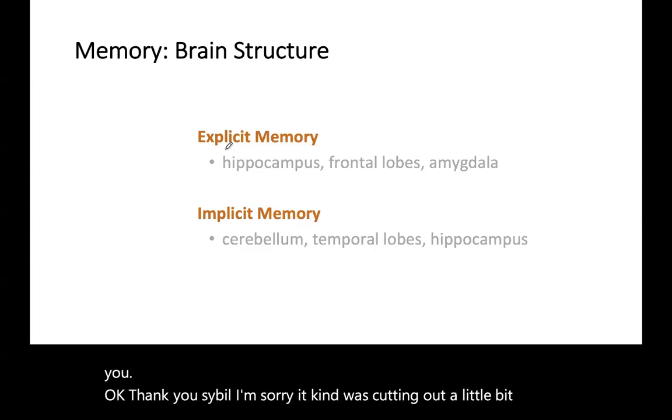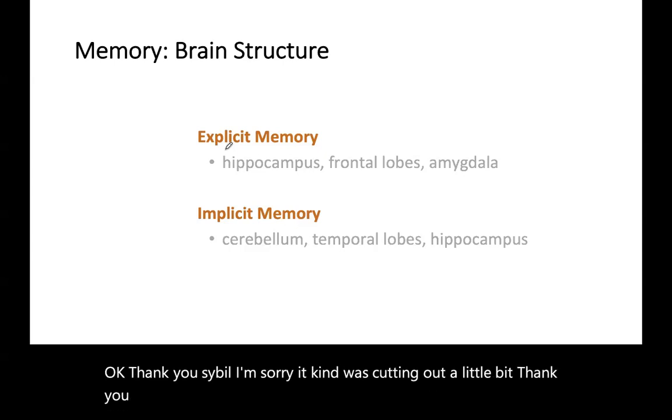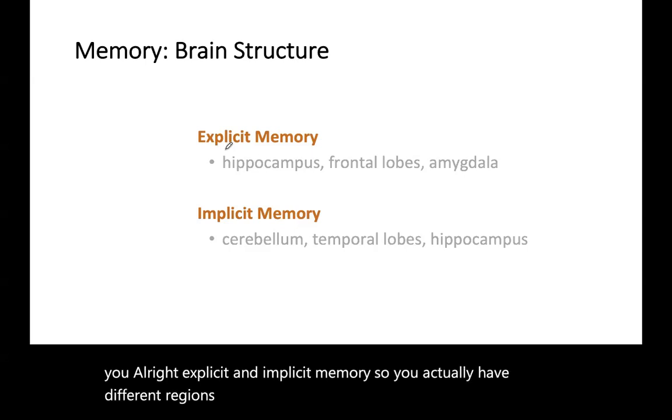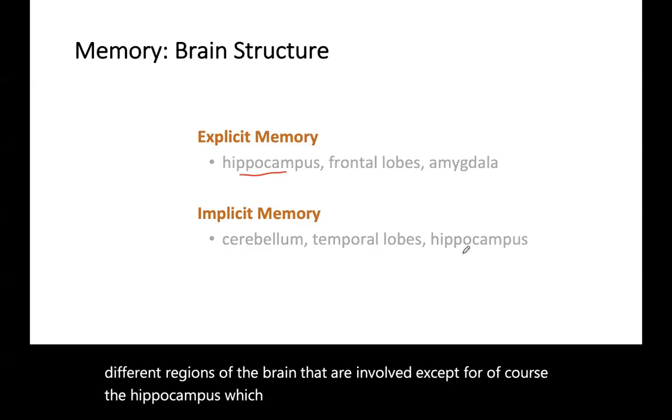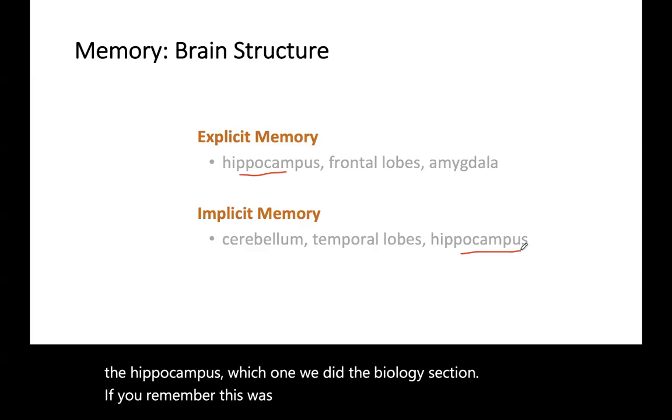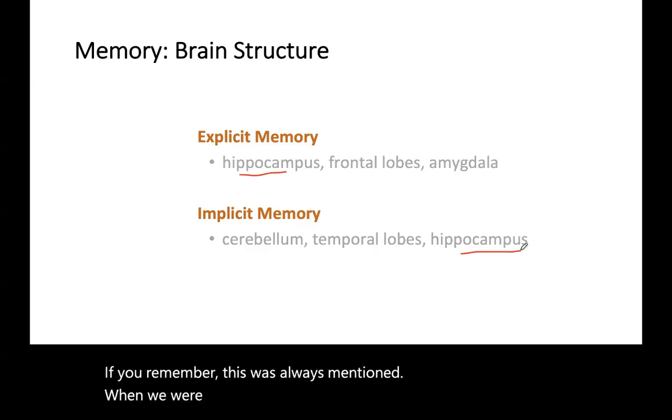All right. Explicit and implicit memories actually have different regions of the brain that are involved, except for, of course, the hippocampus, which when we did the biology section, if you remember, was always mentioned when we were talking about memory.